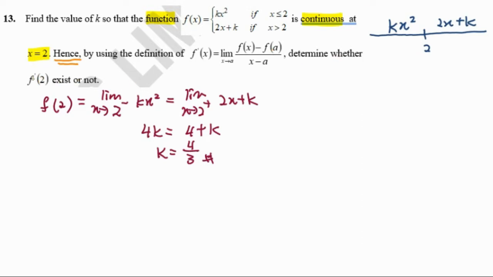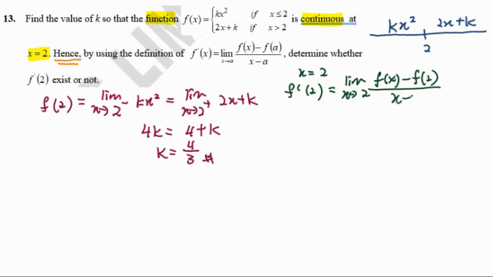That means determining whether the function is differentiable at x equals 2. To be differentiable at x equals 2 using first principles, the limit as x approaches 2 of f(x) minus f(2) over x minus 2.